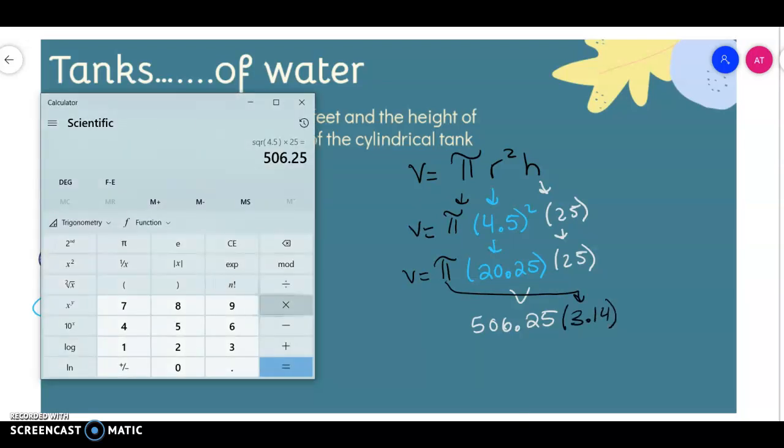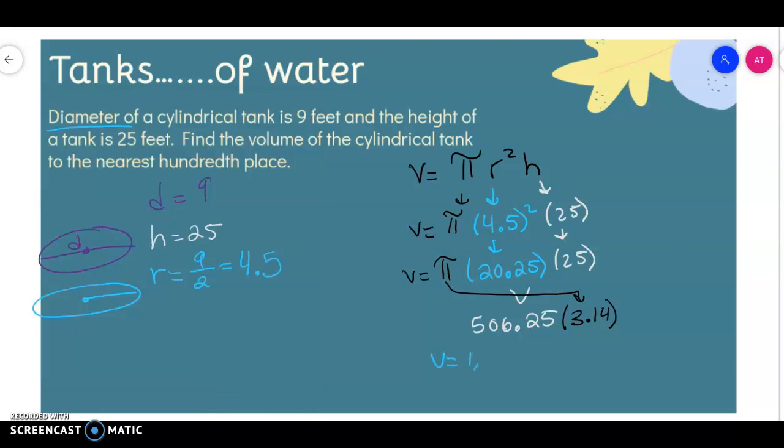You can also use the pi symbol. I'm going to get 1,589.625. And let's see, it says round to the nearest hundredths place. So we're not rounding to the tenths place, we're rounding to the hundredths place. And the hundredths place is this 2 right here.